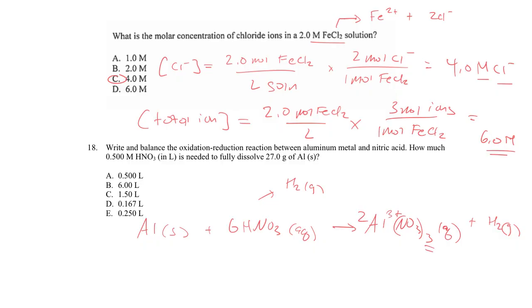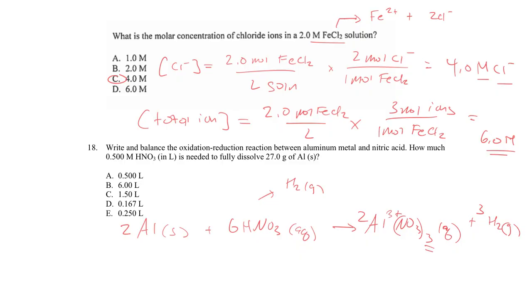So that gives me a 6 in front of HNO3, and then a 3 in front of H2. And then I'll need a 2 in front of aluminum to balance 2 aluminums on both sides. So again, without the 2 in front of the Al(NO3)3, I could have put a 3 in front of the HNO3 and seen that that's 3 H's, not going to balance with the H2 on the other side. So hence we're just basically doubling everything.